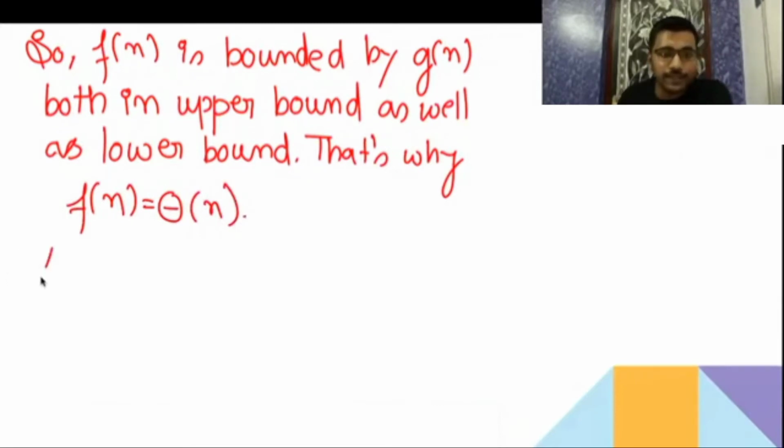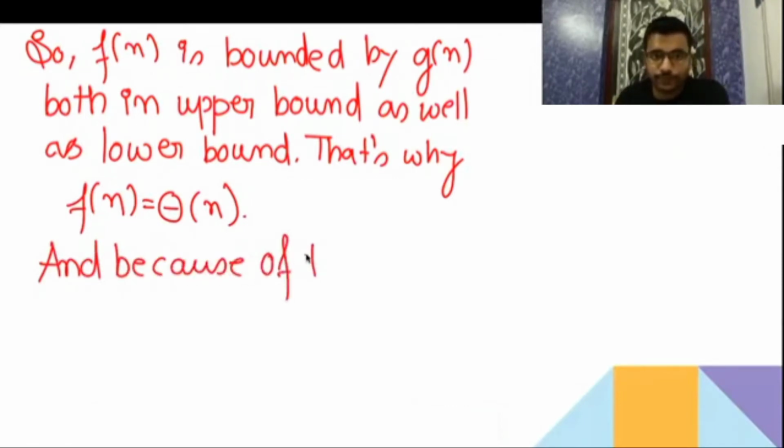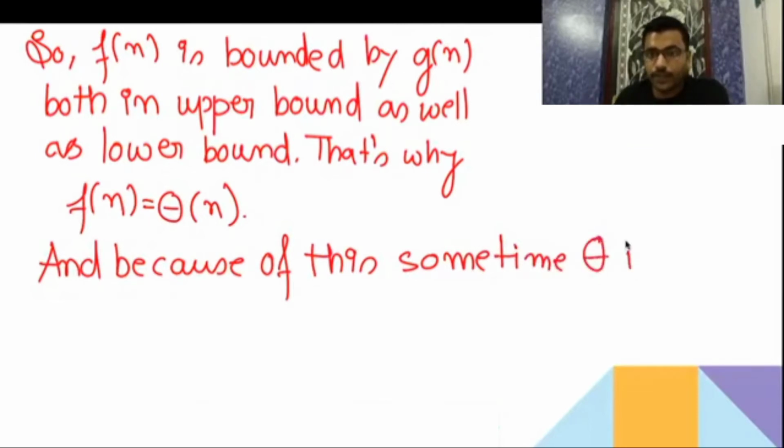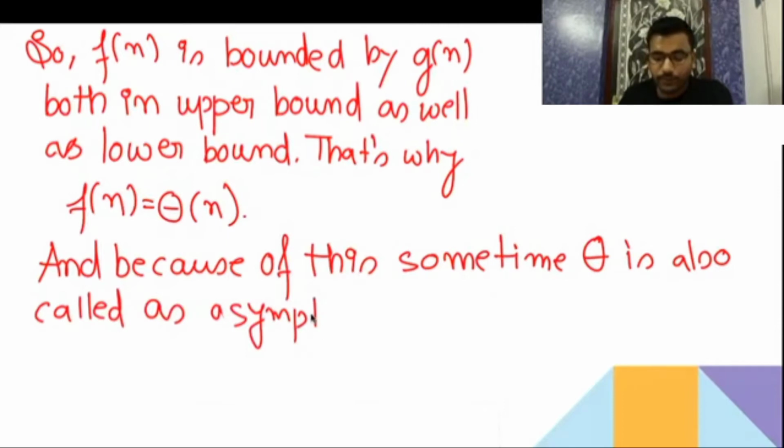And because of this, sometimes theta is also called asymptotic notation. Okay, sometimes it is even called asymptotic notation.